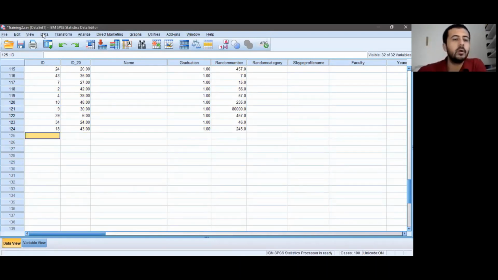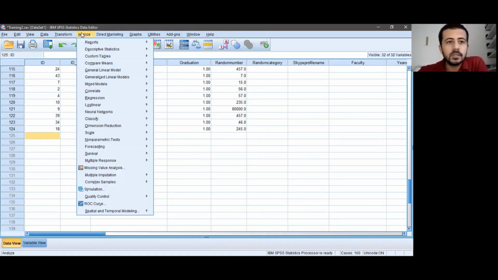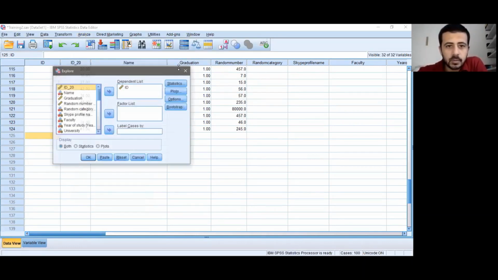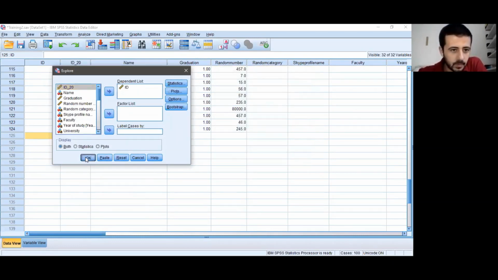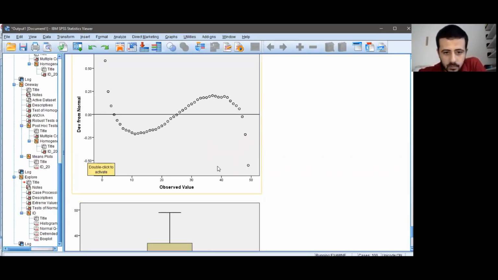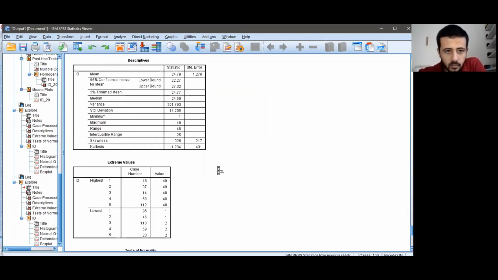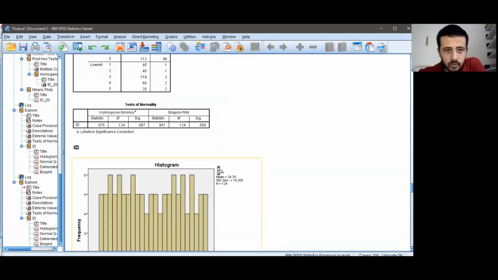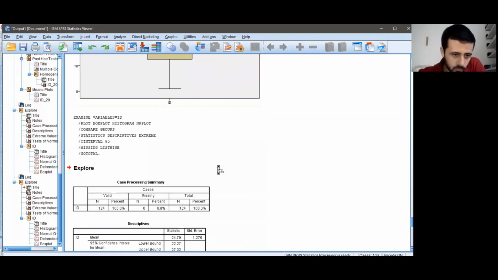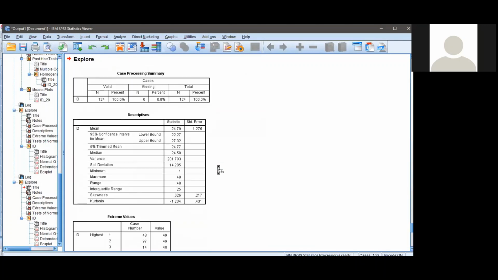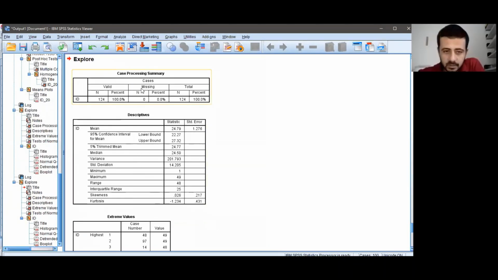Now I will just do the same test. Remember, from Analyze, Descriptive Statistics, Explore, ID, from Plots. They are still checked. In here, we don't have any missing data.